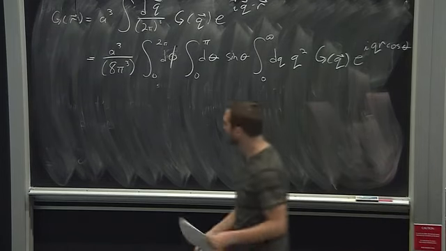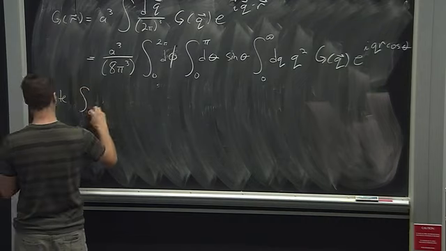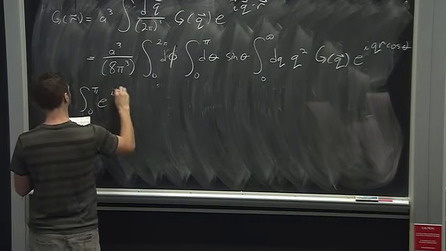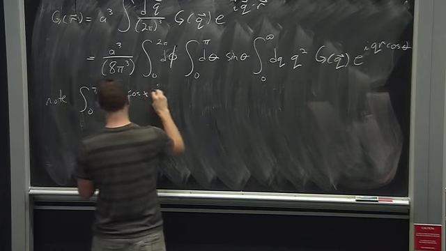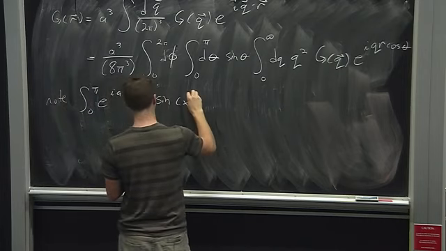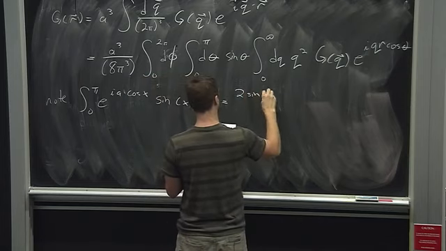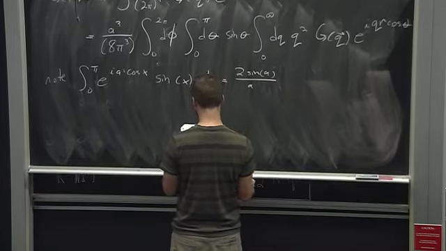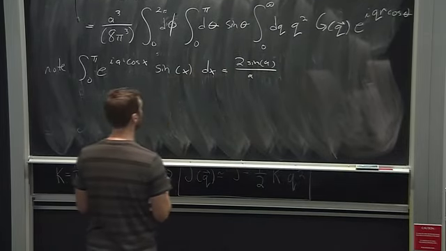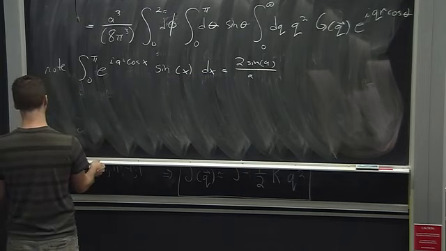So we need an integral of e to the i a cos x, let me call it sine x, that theta integral can be done with this.